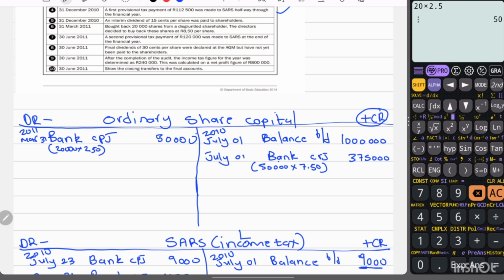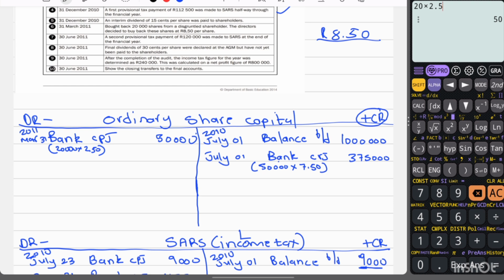All right, now the question is, because the average price is 2.50, but the shares were bought at 8.50, in other words, we bought these shares above the average price. That means a certain amount of money for the repurchase of these shares was taken from the retained income.